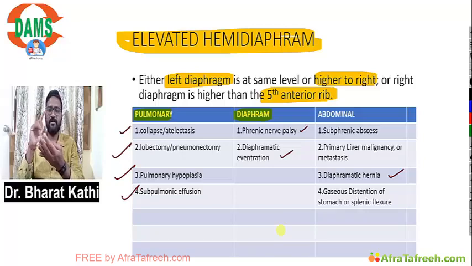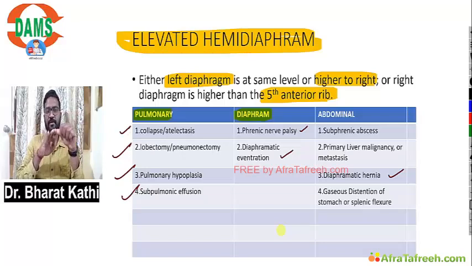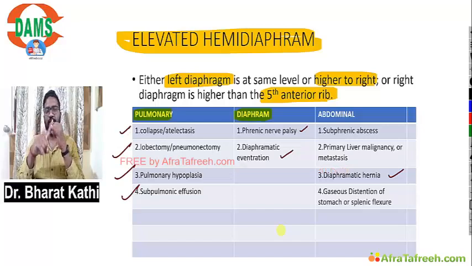Then solitary pulmonary nodule, miliary pattern, cannonball metastasis. Then important signs: hilum convergence sign, hilum overlay sign, golden S sign. Then elevated hemidiaphragm, juxtaphrenic sign, and the double density sign. Like this, roughly 20 to 25 chest x-rays we have seen.